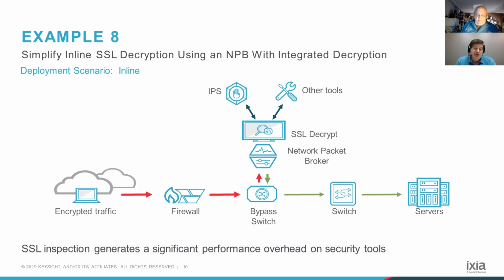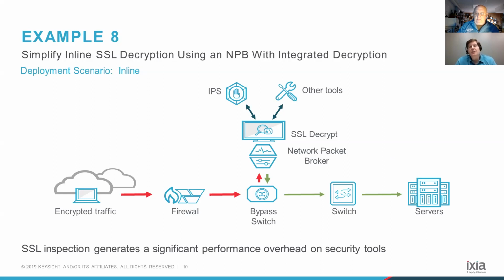Just to turn the decryption feature on for some of these IPSs and WAFs and so forth, you're going to take at least a 20, probably a 40% performance hit on your CPU, because it's got to do all this decryption functionality that it really wasn't intended for. It's intended to process the data and look for threats, and you've got to siphon off those CPU cycles to do something else.